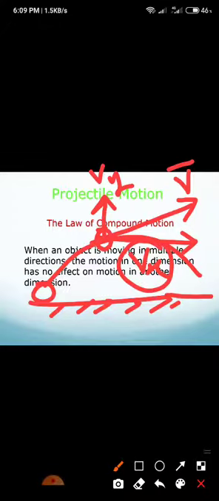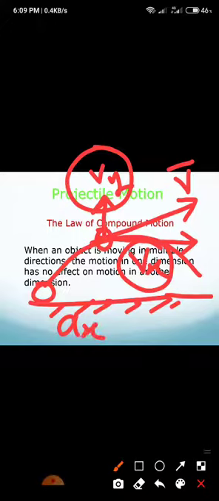One is the horizontal part, that is Vx, and another is the vertical part, that is Vy. The main thing is that Vx is not influenced by Vy. Similarly, acceleration Ax is not influenced by Ay. So they are completely different, completely independent of each other.